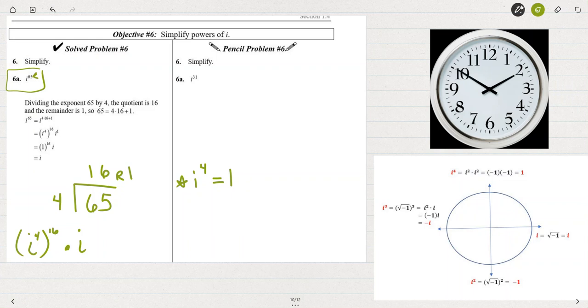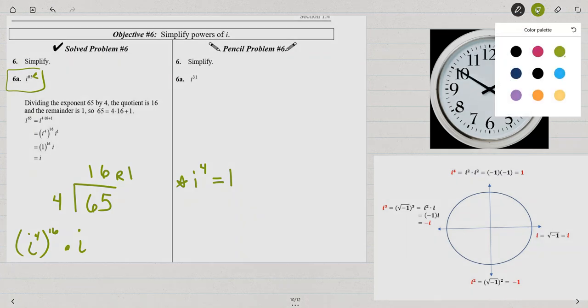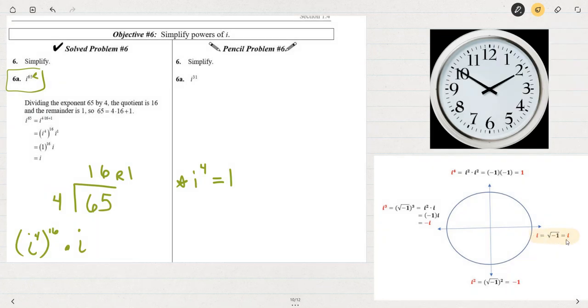Let me call your attention over here to the right, where I already wrote this out. i, by definition, is the square root of negative 1, so just i. If I square negative 1 square rooted, I'd just get the negative 1 back. Now, if I did that cubed, then I'd have an i squared times an i, so I'd have a negative 1 times i, or the opposite of i.